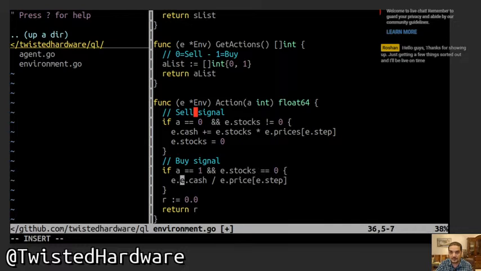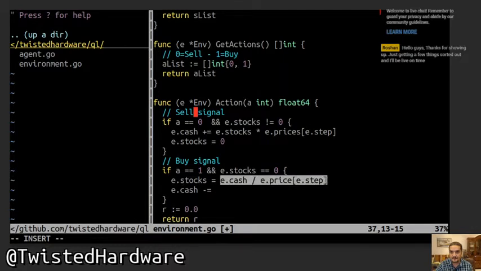I will do e.stocks equals this. Then I have to deduct that amount of cash from my current cash, so e.cash minus equals the number of stocks that we bought times today's price.